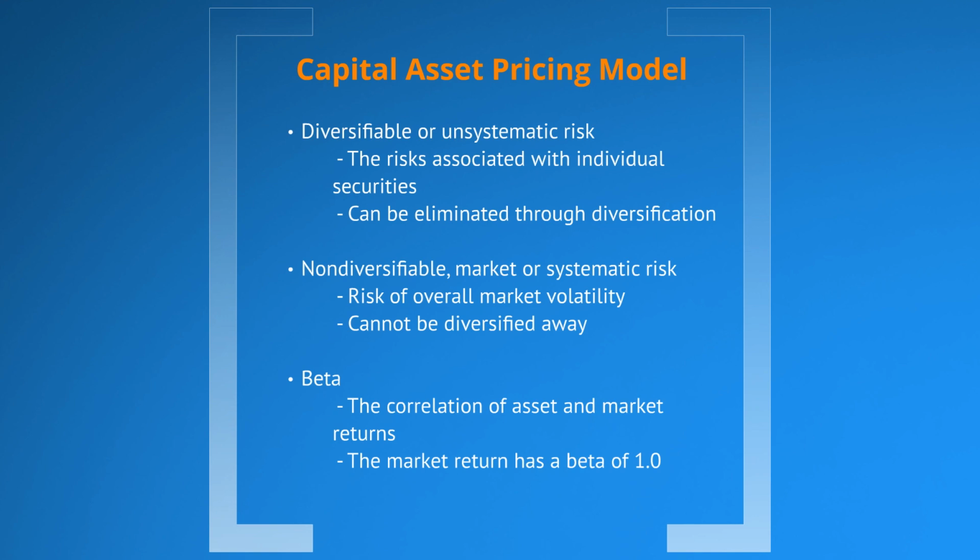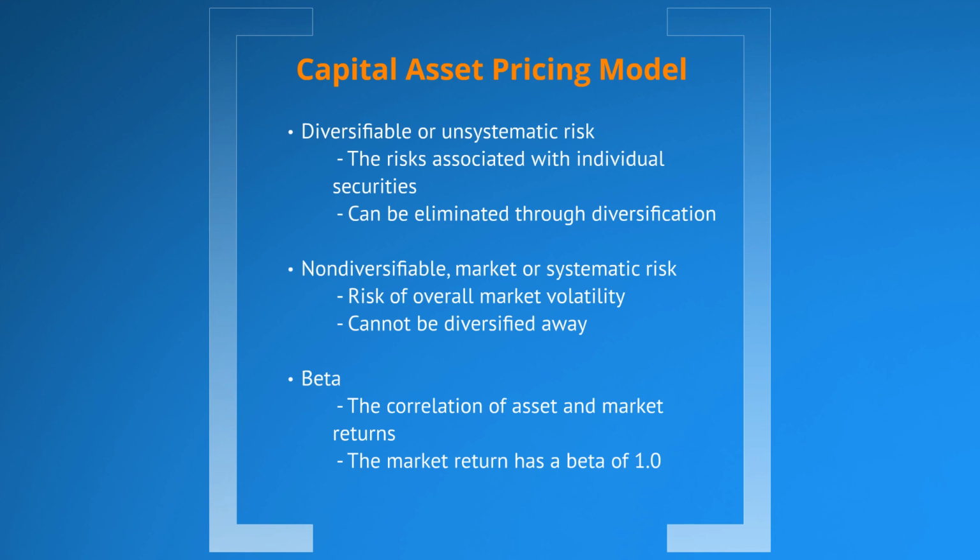Tied to this, we have something called the capital asset pricing model, which breaks out risk into risk that you can diversify through low correlation stocks or diversification. And you should be able to eliminate diversifiable risk by combining low correlation stocks. And then there's the risk of the overall market or non-diversifiable or systematic risk.